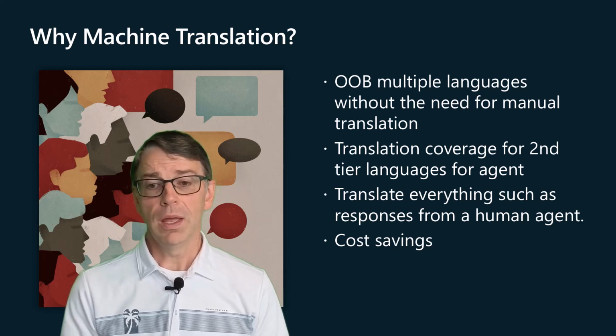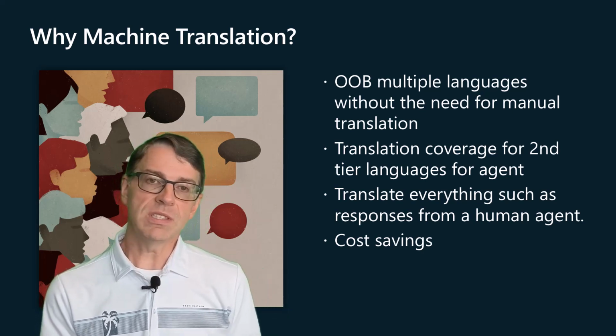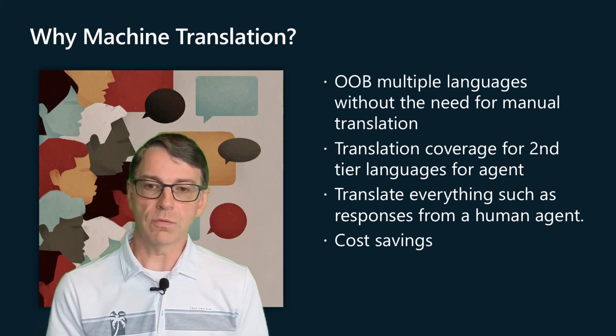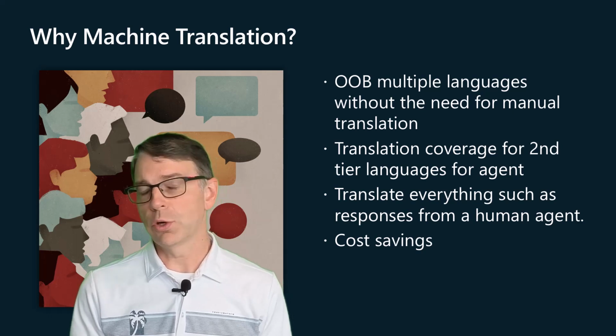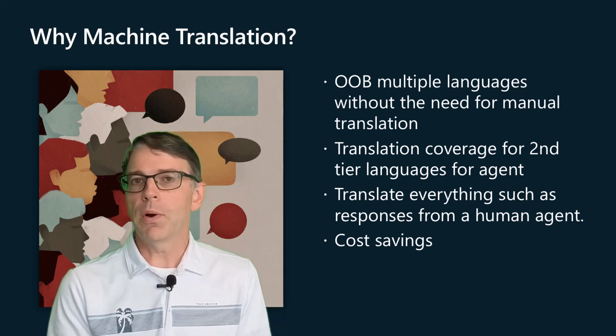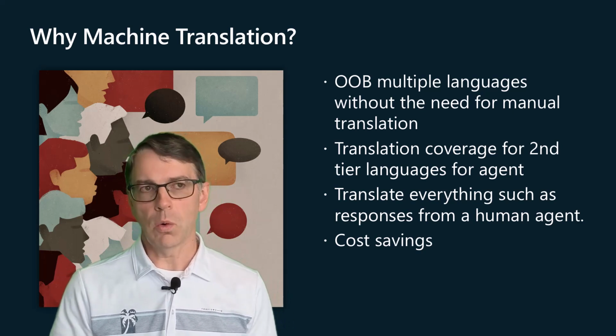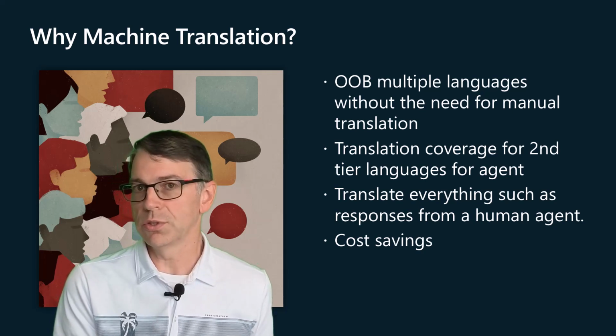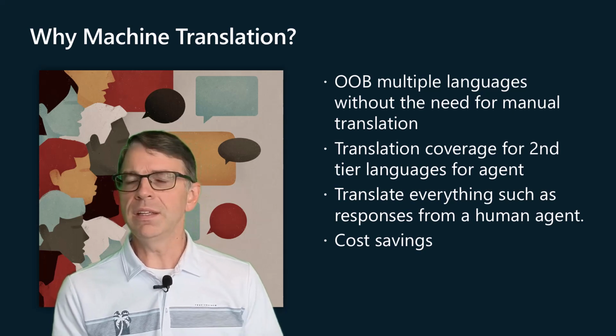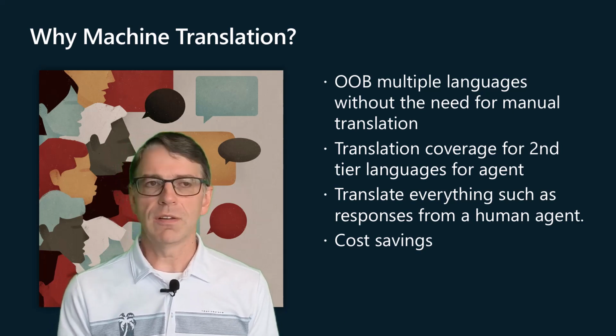Now, the thing that we see is translation coverage for second-tier languages for your agent. So let's say that the primary users of your agent, what we would call first-tier users, are mainly going to speak in English and in French.